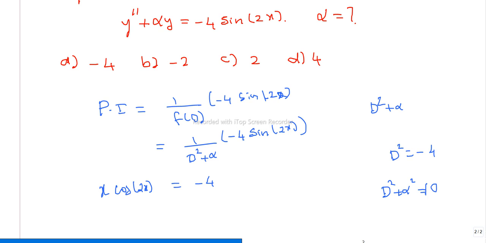Therefore the denominator should be 0. Then only we can multiply by x and differentiate sin. Okay, now therefore if we substitute D square equal to minus 4, alpha should be 4.